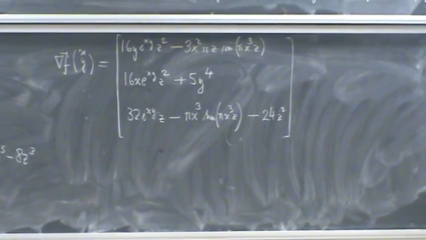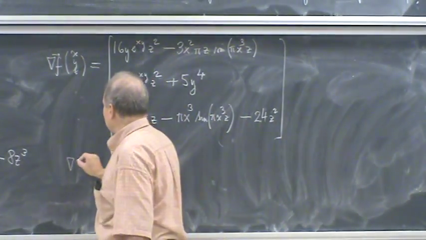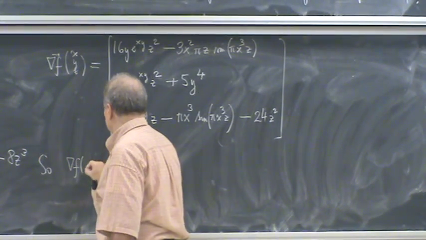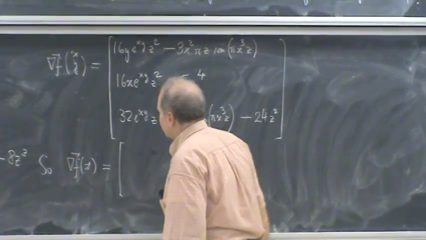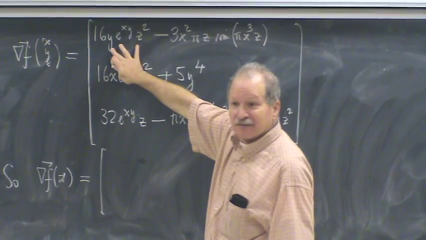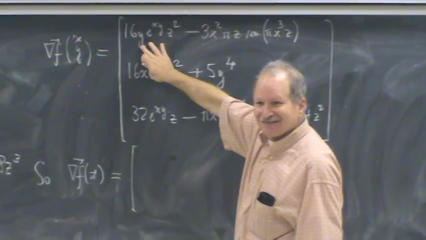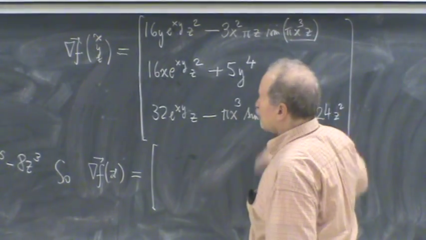Now we compute the gradient at A. Well, y is 0. Sine of, what was this number?